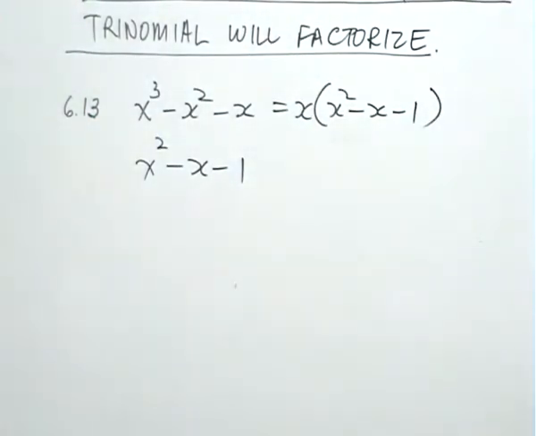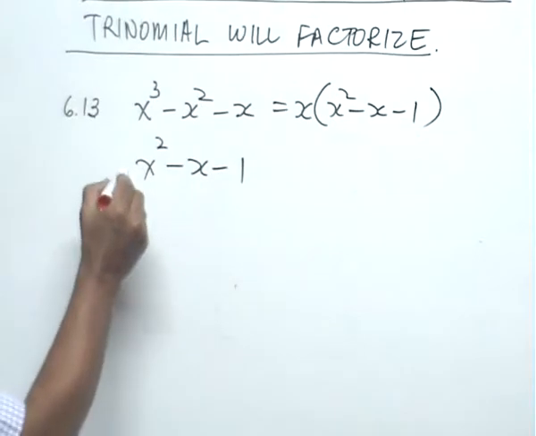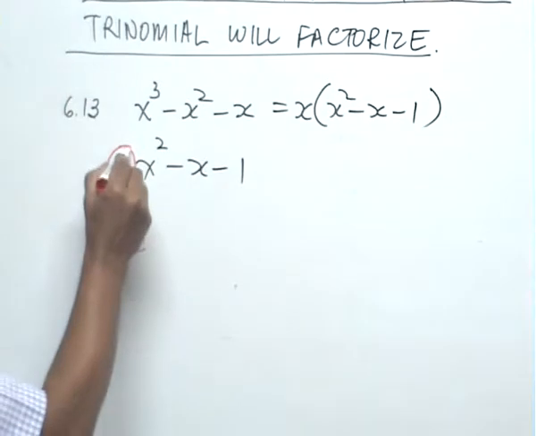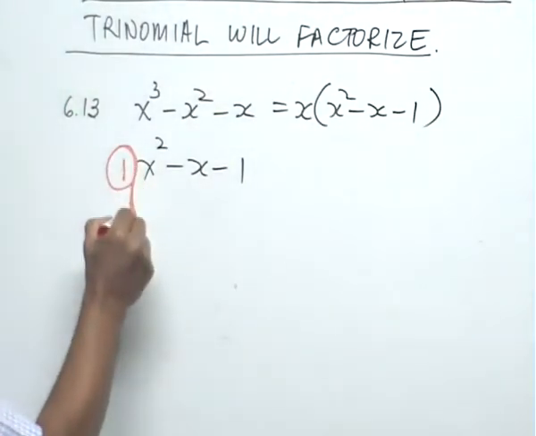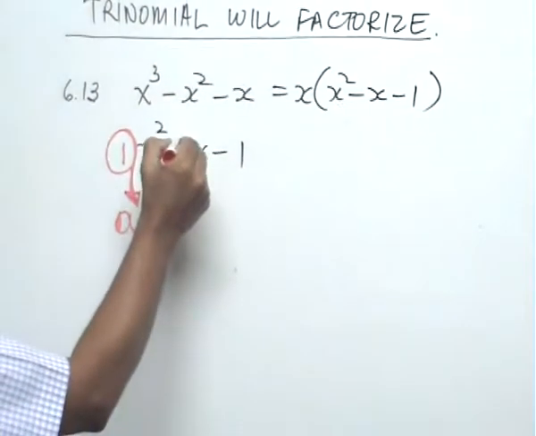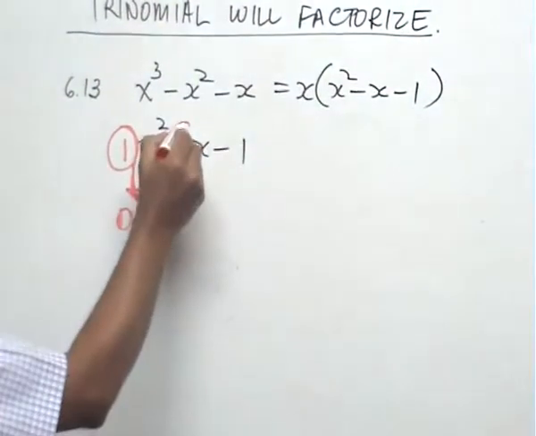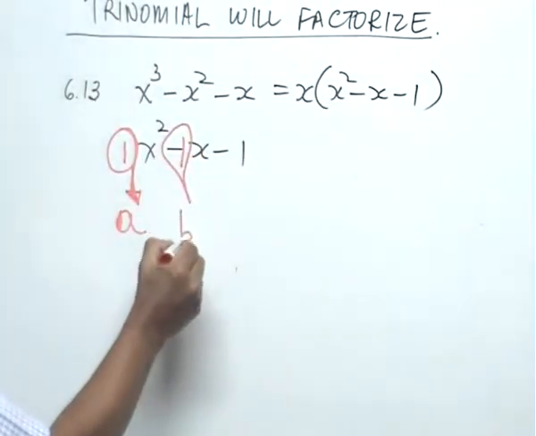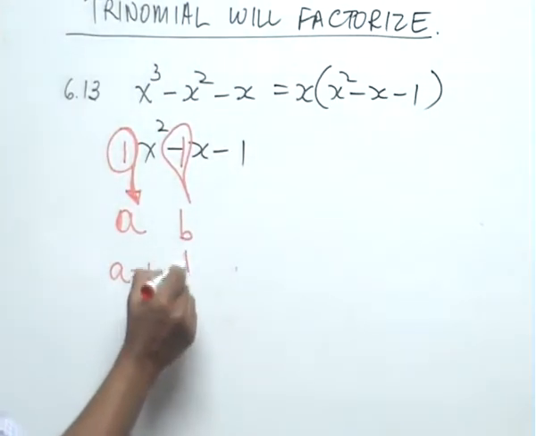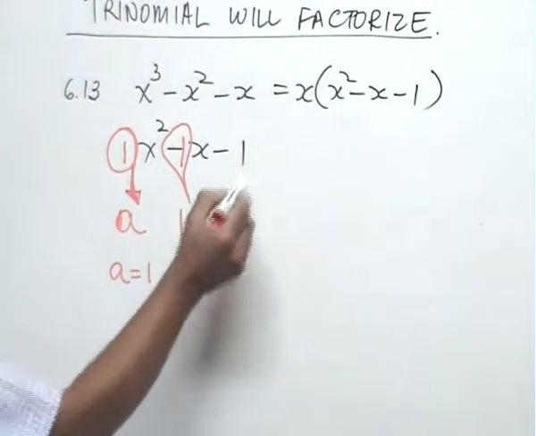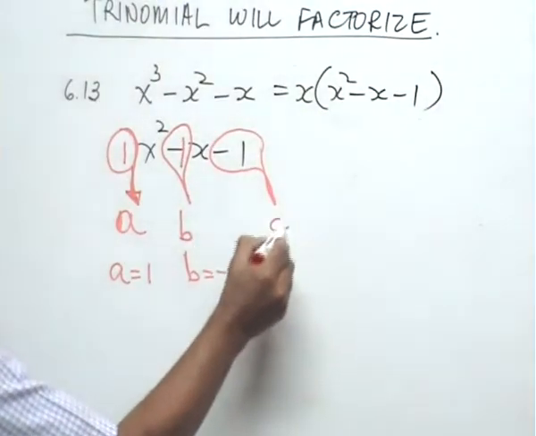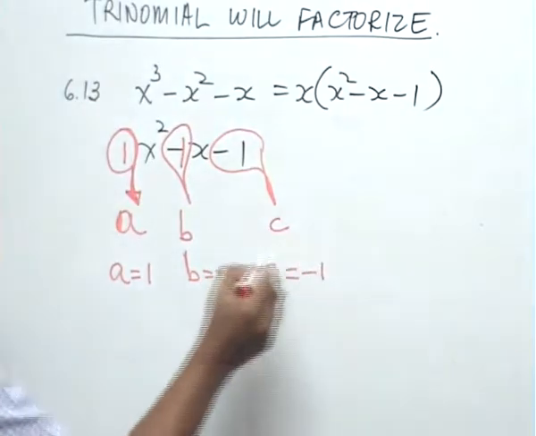So let's see what is A, B and C. Well, clearly the 1 is understood, so that's A. Here the 1 is also understood, so here A is 1. Here B is minus 1. And here is C, and C is minus 1.